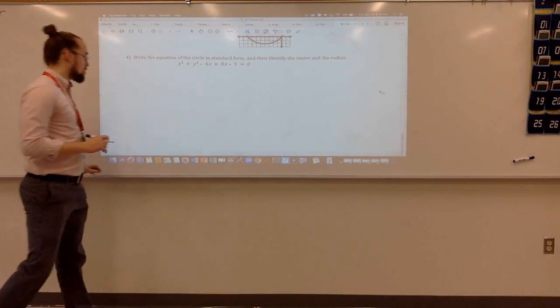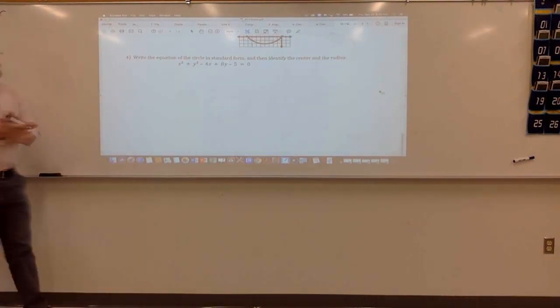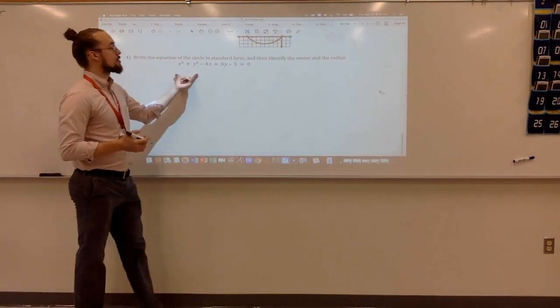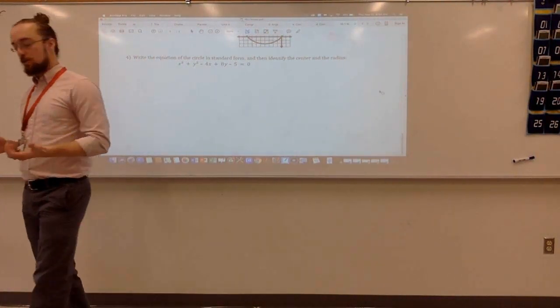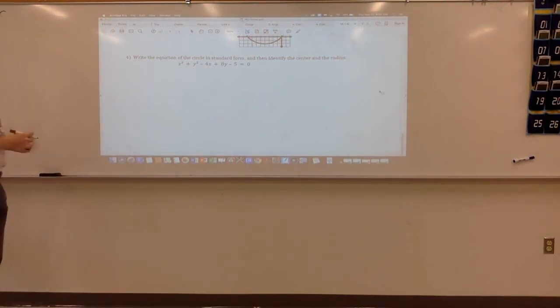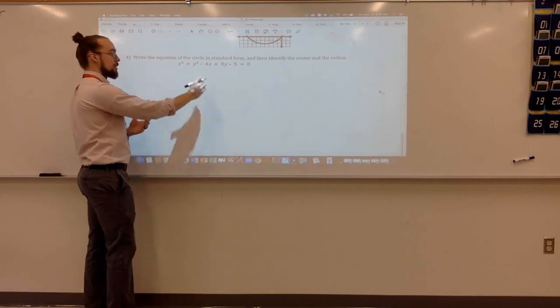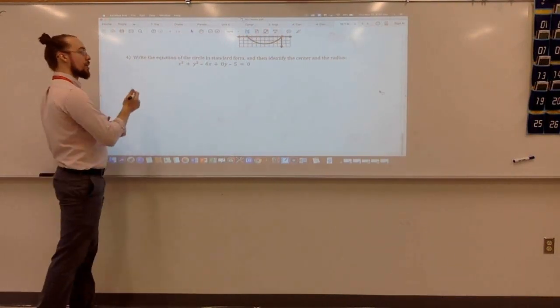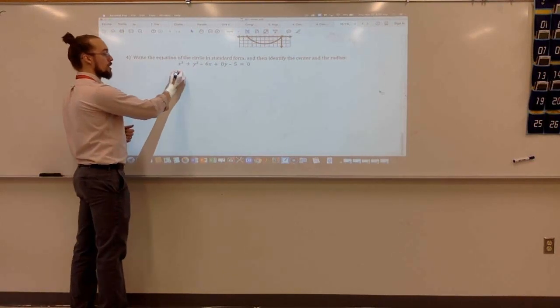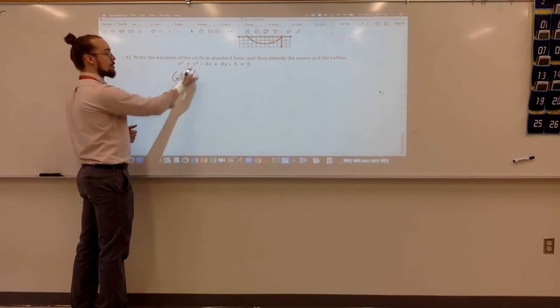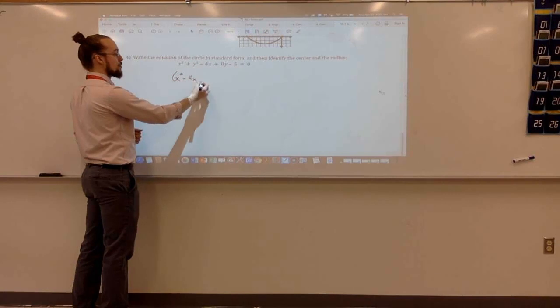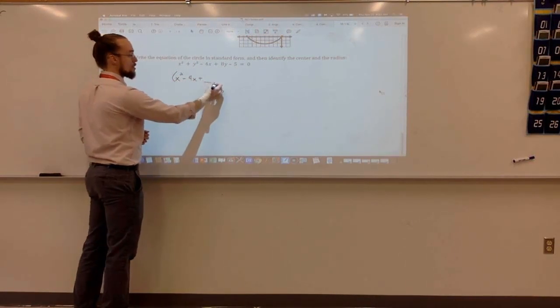So, to set this up to complete the square twice, we want to put our x variables together and our y variables together. So the way that we're going to organize this, I'm going to set this up as x squared minus 4x plus blank.